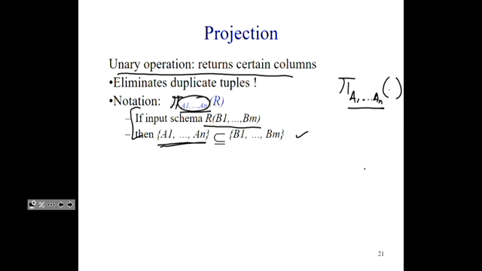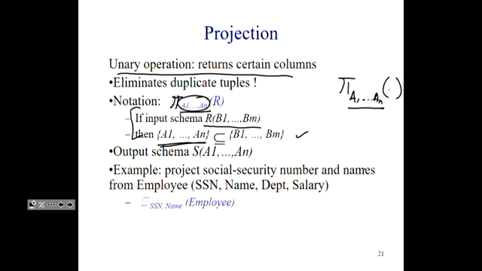Only A1 through AN will be present in the output. Okay, so the output schema is A1 through AN. So here, if I wanted to take a relation with employee, SSN, name, department, salary, and I wanted only to take the SSN and name out of this relation, I don't care about department or salary, I would do pi subscript SSN comma name of employee.